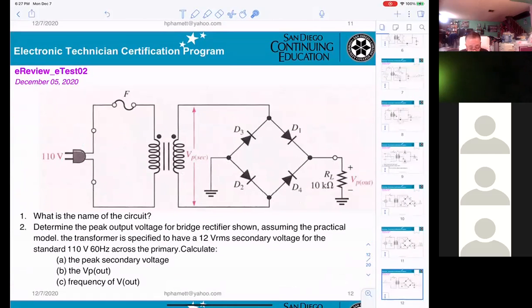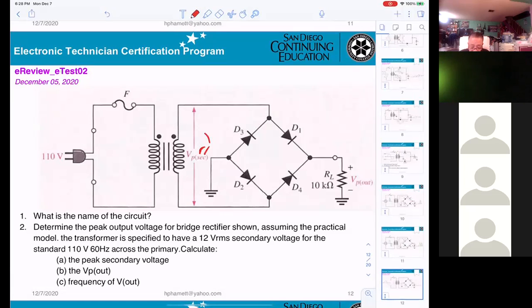Okay, same thing. They're asking the name, that's the bridge rectifier. They want the output voltage for the bridge rectifier, so assume the practical model. That means the diode will be 0.7. The transformer is specified to have 12 volts RMS in the secondary. That means the secondary they already gave to you. You don't have to do calculation.